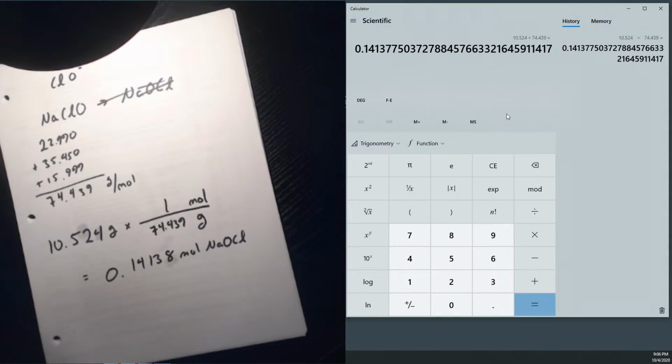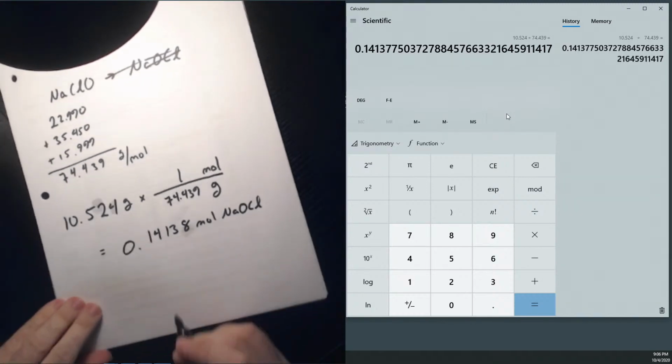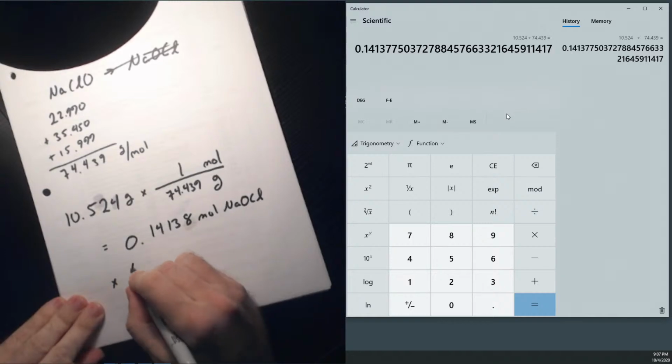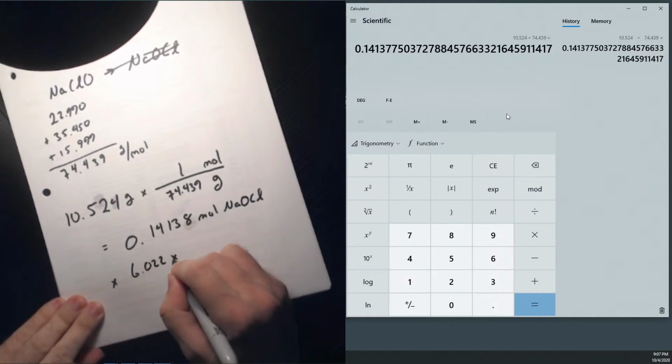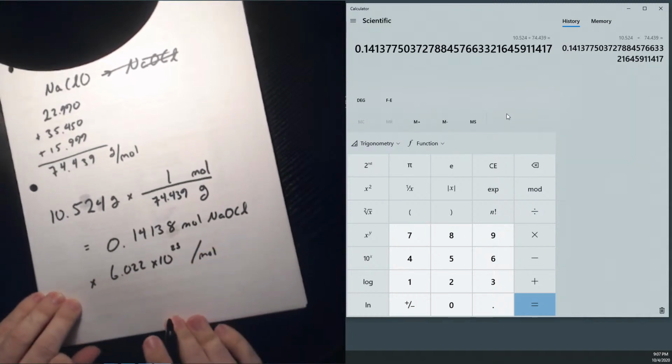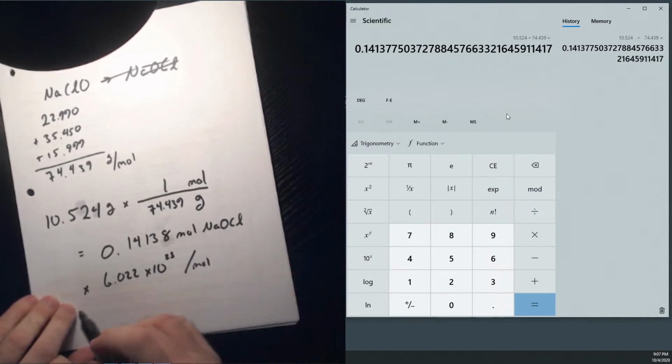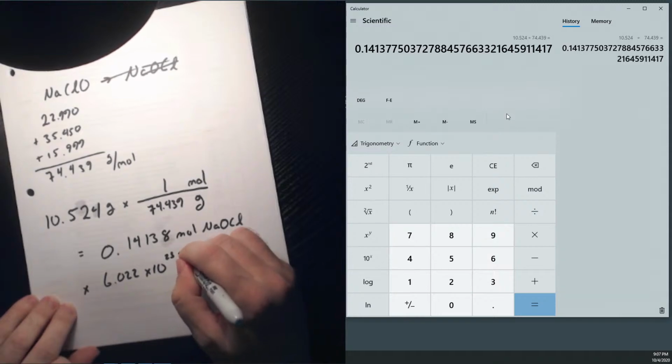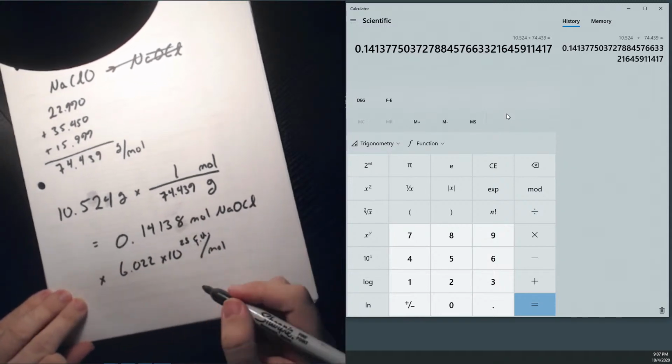All right. From there, we can convert to particles, formula units, by multiplying by Avogadro's number. Because Avogadro's number is 6.022 times 10 to the 23rd per mole. Okay. So it could be molecules per mole or atoms per mole, or, as in this case, formula units per mole. Okay.